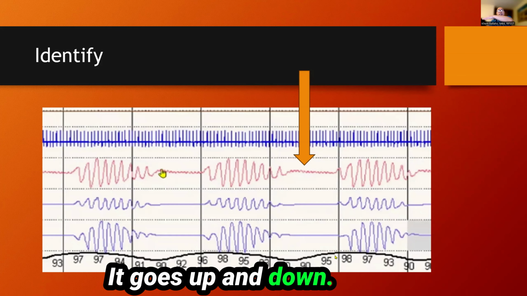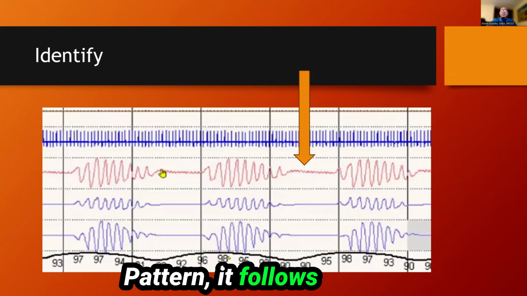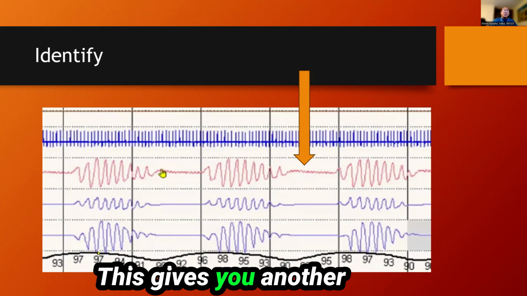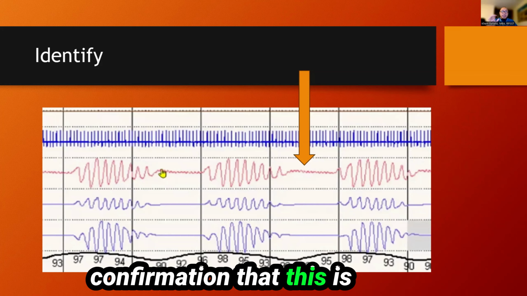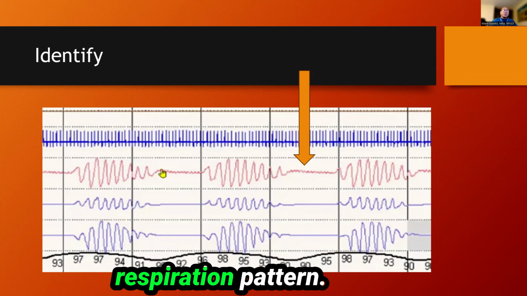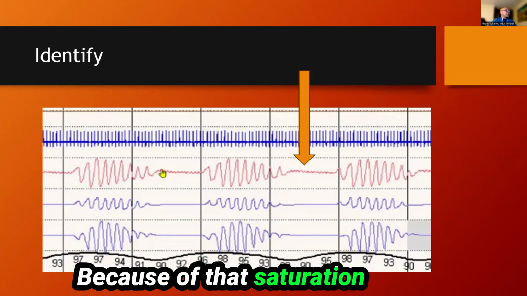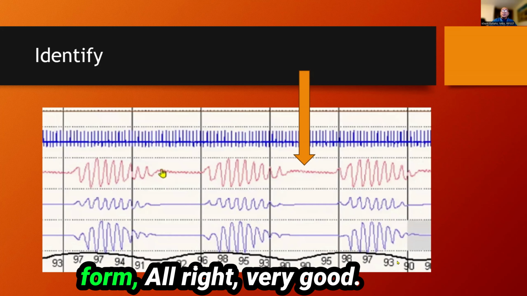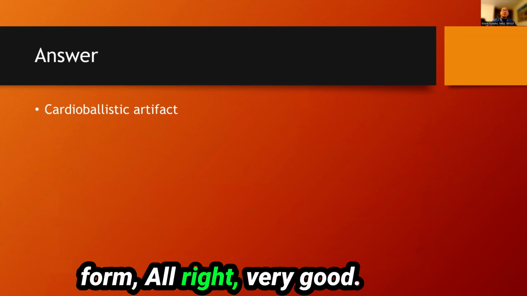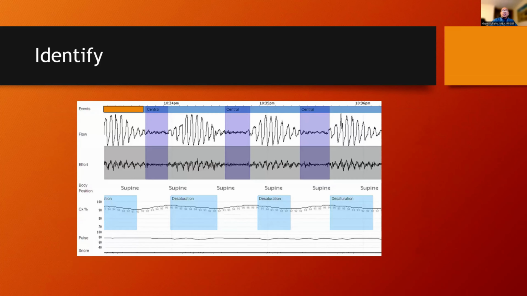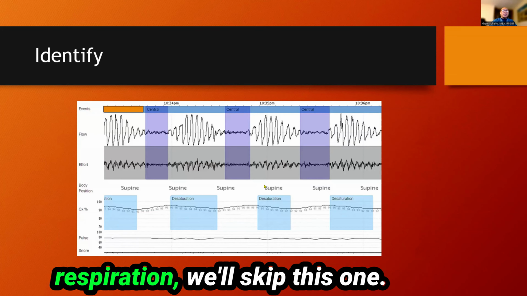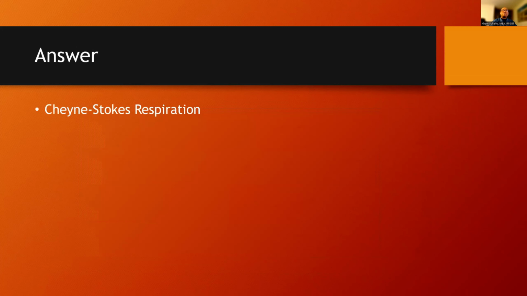It follows exactly a Cheyne-Stokes respiration pattern. This gives you another confirmation that this is in fact a Cheyne-Stokes respiration pattern because of that saturation going up and down, looks like a sinusoidal waveform. All right, very good. Now, since you already mentioned the Cheyne-Stokes respiration, we'll skip this one.